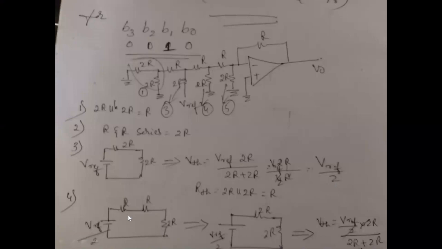This R and this R are in series, and that is in parallel with this, so R and R make 2R.